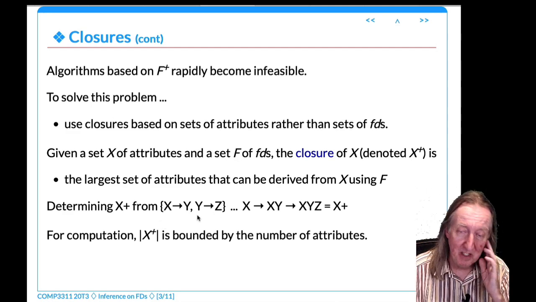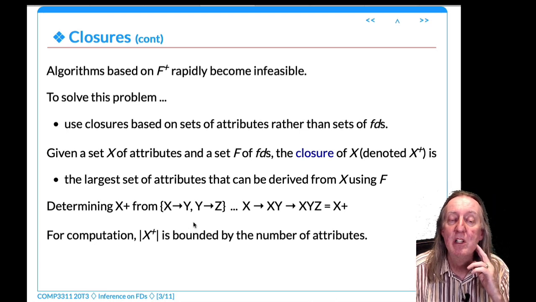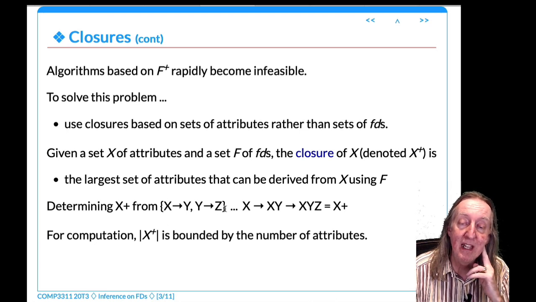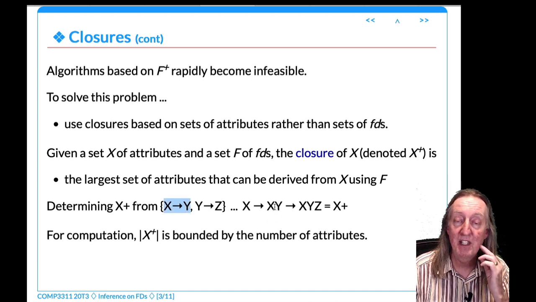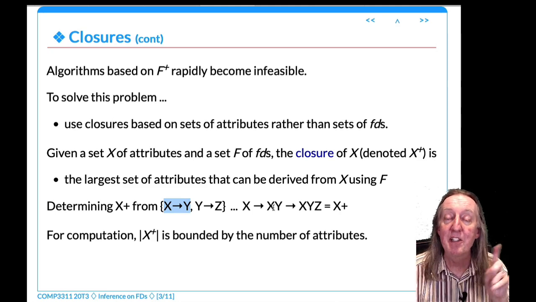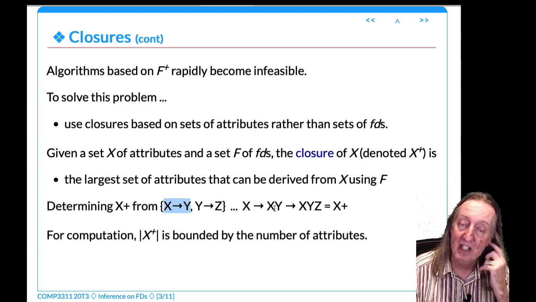So here's an extremely simple example. We start from X, and we've got this dependency here, so that we can add Y to our intermediate closure, if you like.